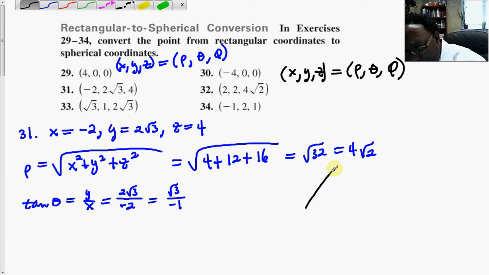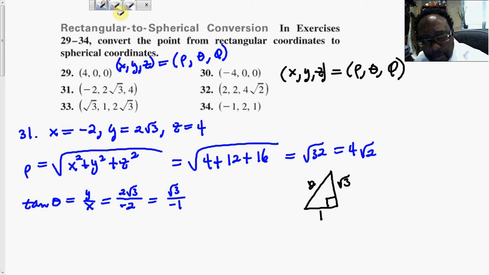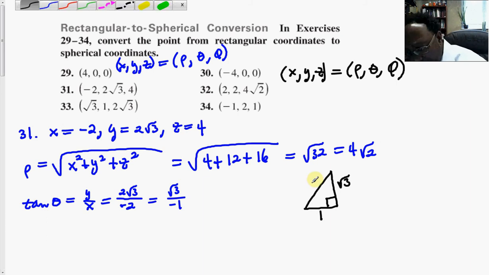If you recall talking about the reference angle and looking at the 30, 60, 90 correspondence, if this is a 30, 60, 90 triangle, this side is 1, this is 2, and this side here is the square root of 3. So here we have, excuse me, this is the 60 degrees, so this is pi over 3, and up here is 30 degrees, or pi over 6.